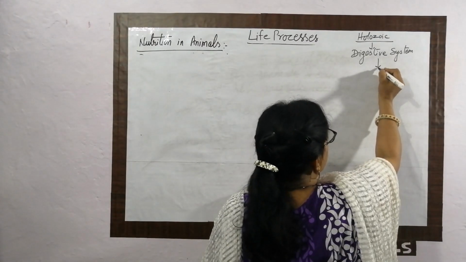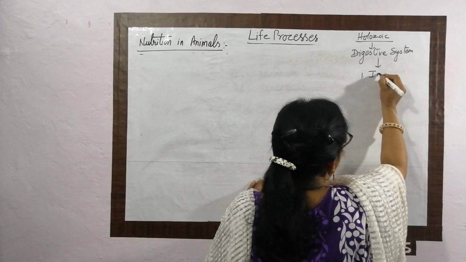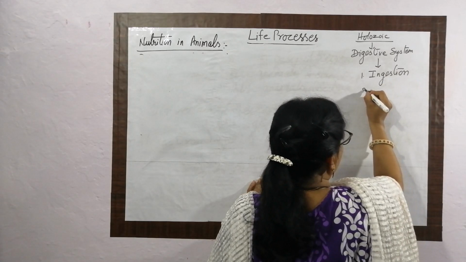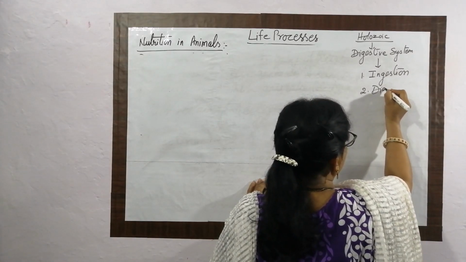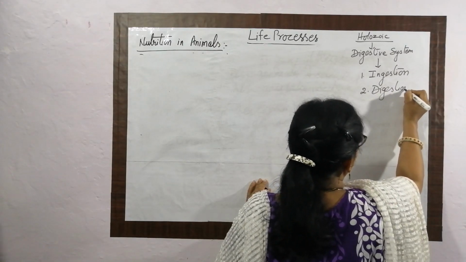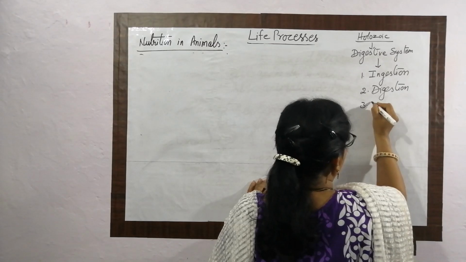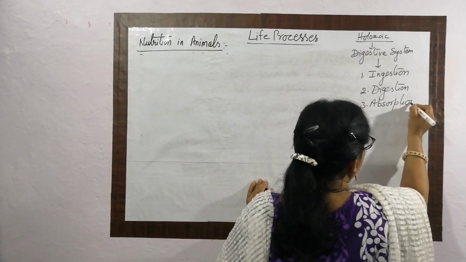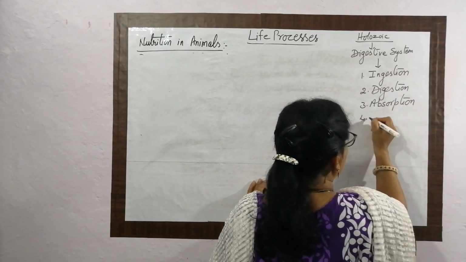And what are these 5 steps? First, ingestion. It is taking in the food. Second, digestion. Simple digestion of the food. Third, absorption. It means taking the nutrients from the food.